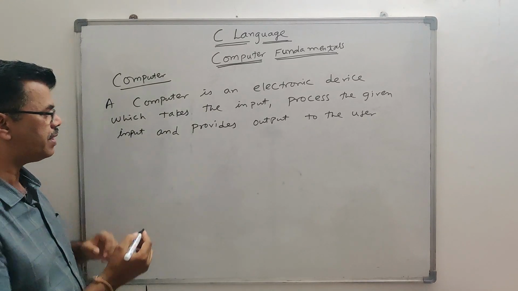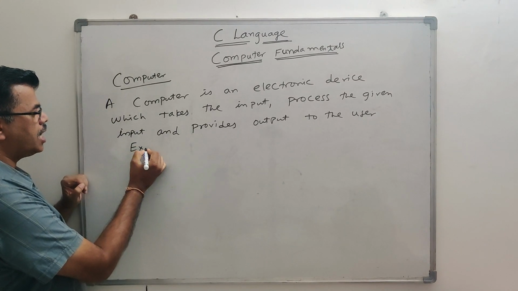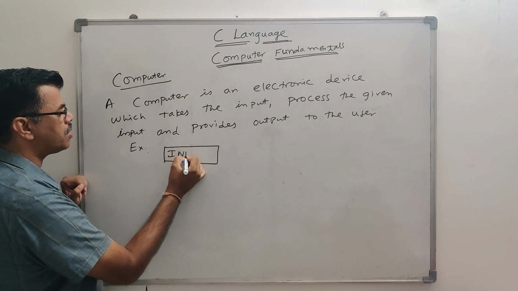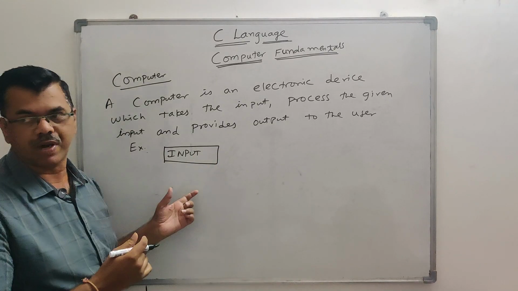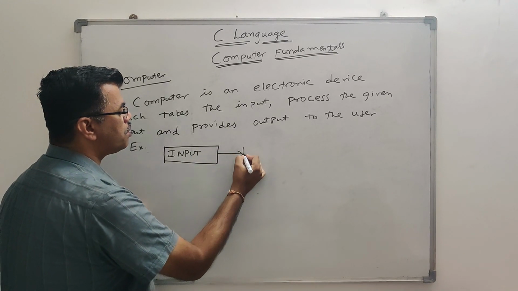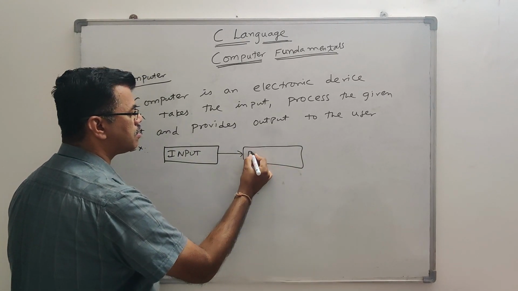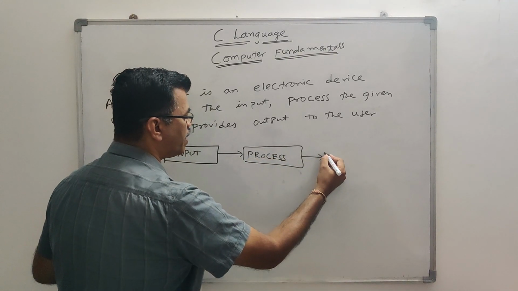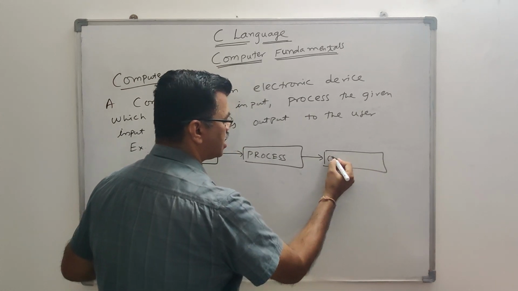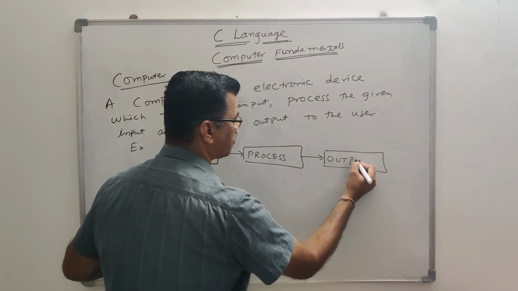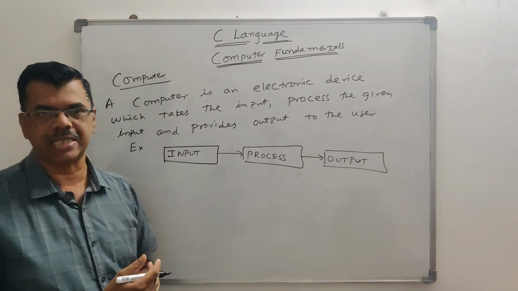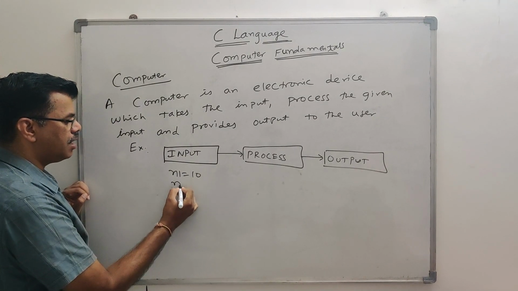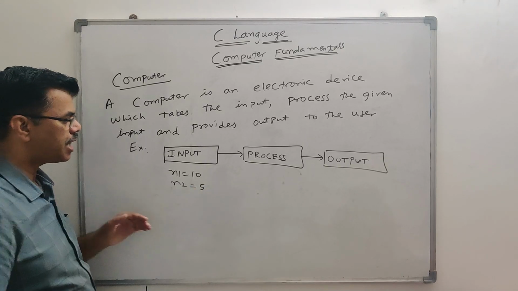Let me elaborate with an example. Diagrammatically, we can show input, what input we are taking, we process that input, and we provide output to the user. A simple example: take two numbers, n1 equal to 10, n2 equal to 5. These are our input.